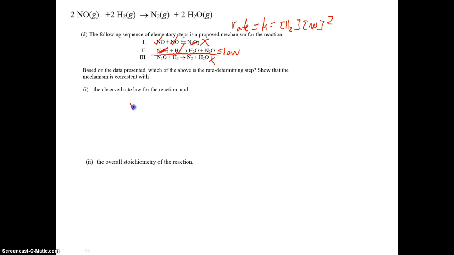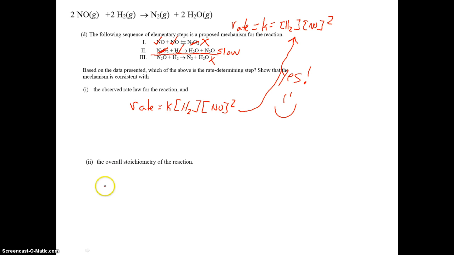So according to those two elementary steps, my rate should equal K H2 to the first power, NO occurring twice, so that's NO squared. Is that consistent with this? Yes. So I'm happy.